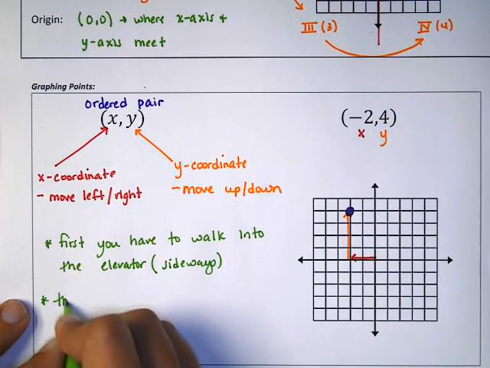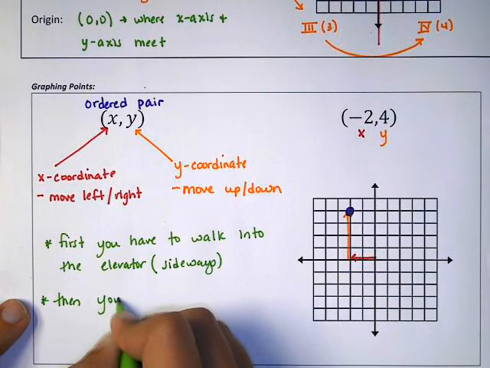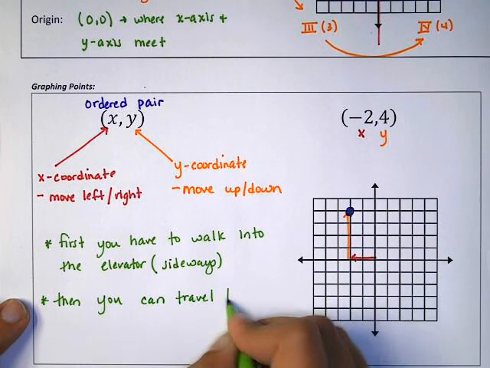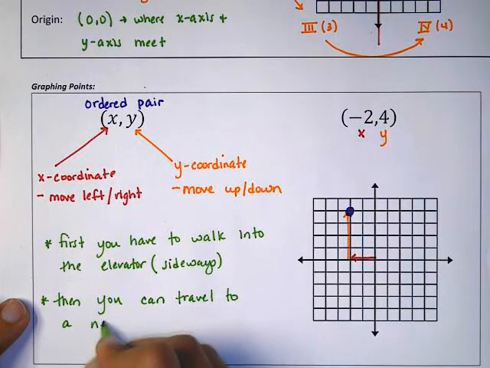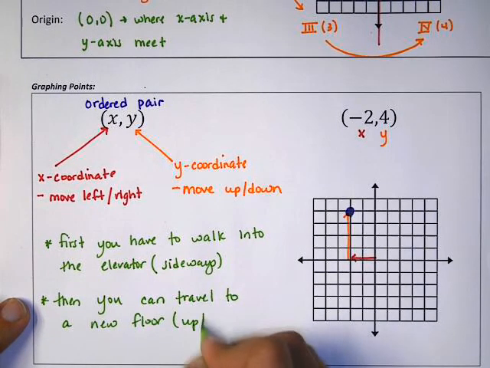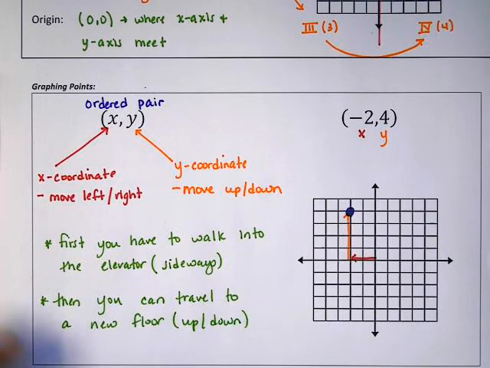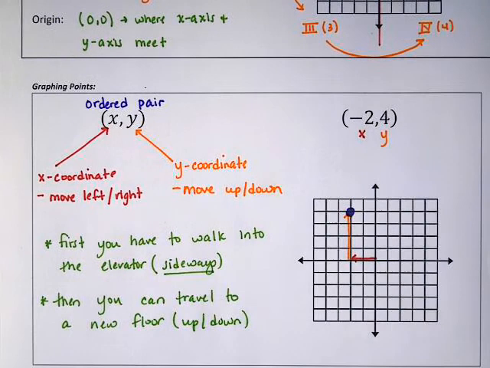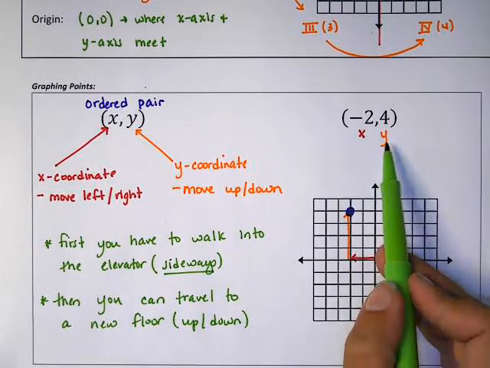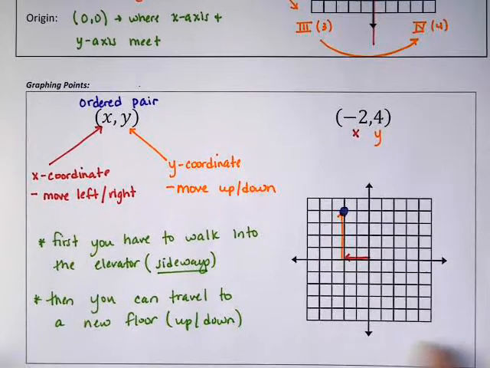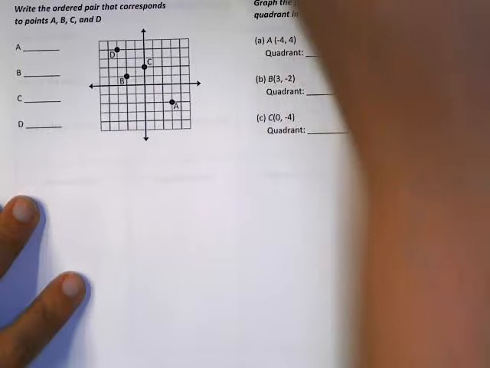Then you can travel to a new floor. So then you're going to go up or down. That helps me remember that the first number tells me to go sideways, left or right, and the second number tells me to go up or down. So let's take a look at some example problems.